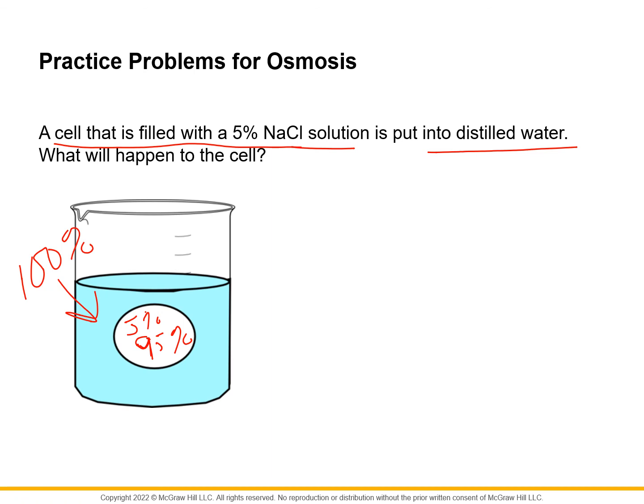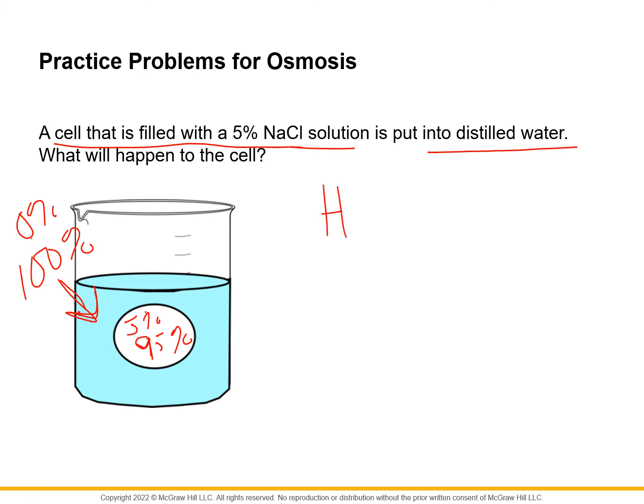So first thing you notice is they do not have equal solute concentrations. If this is 100% water, it's 0% solute. So 0 and 5 are not equal, so these are not isotonic to each other. Since they are not isotonic, you have to figure out which solution is hypotonic and which is hypertonic.